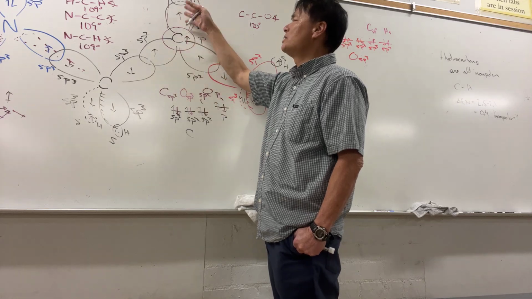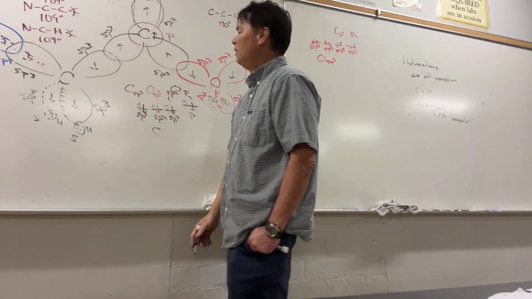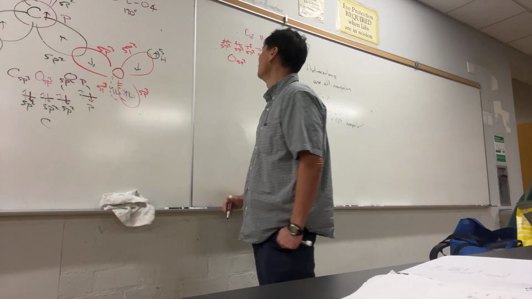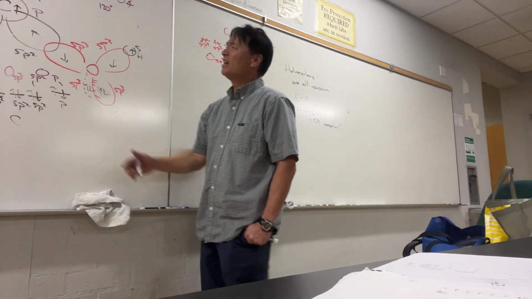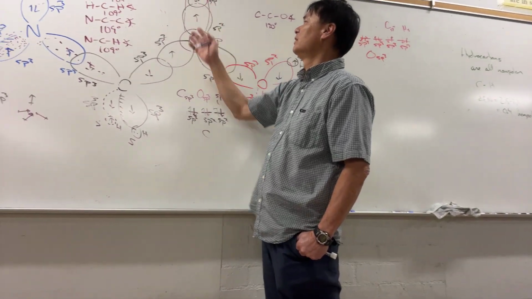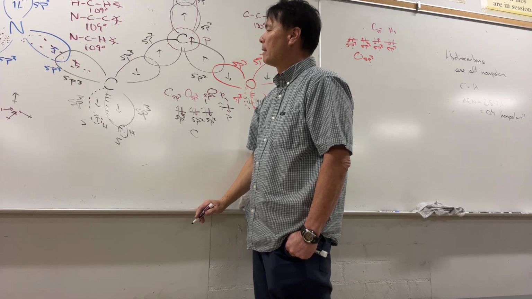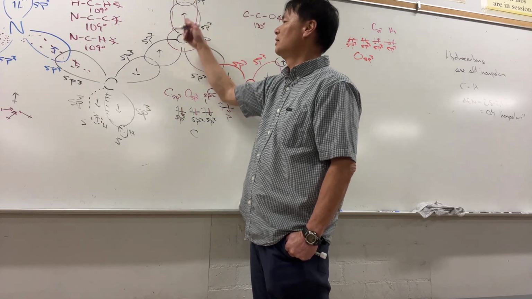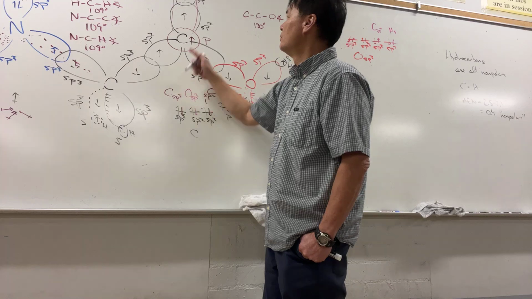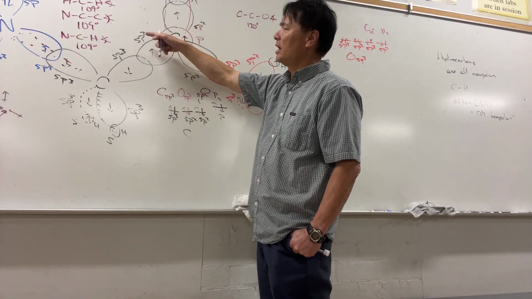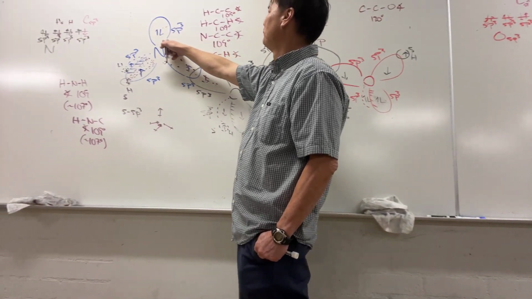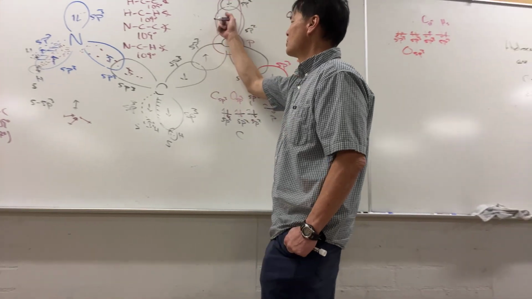A double bond has twice as many electrons in the internuclear region, although pi electrons are less repulsive, and so it's not quite double. But essentially we've got 4 electrons here in the bond rather than 2. So double bonds distort like lone pairs, and double bonds are going to take up more space.